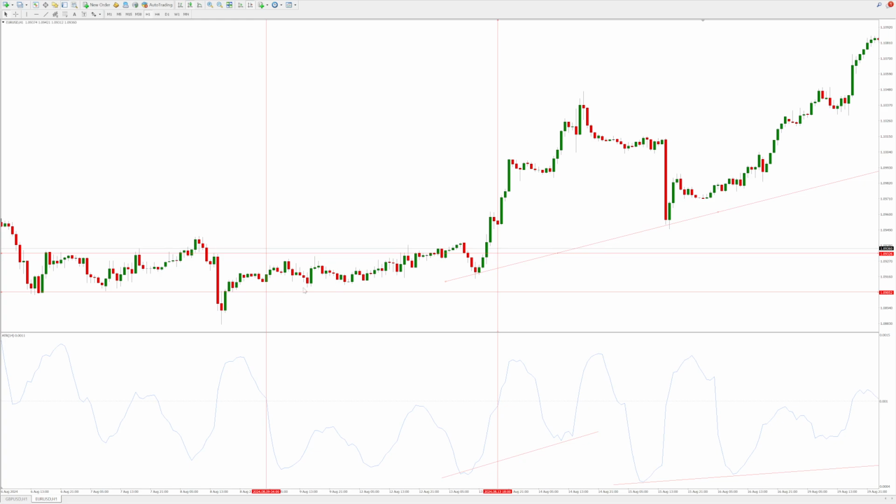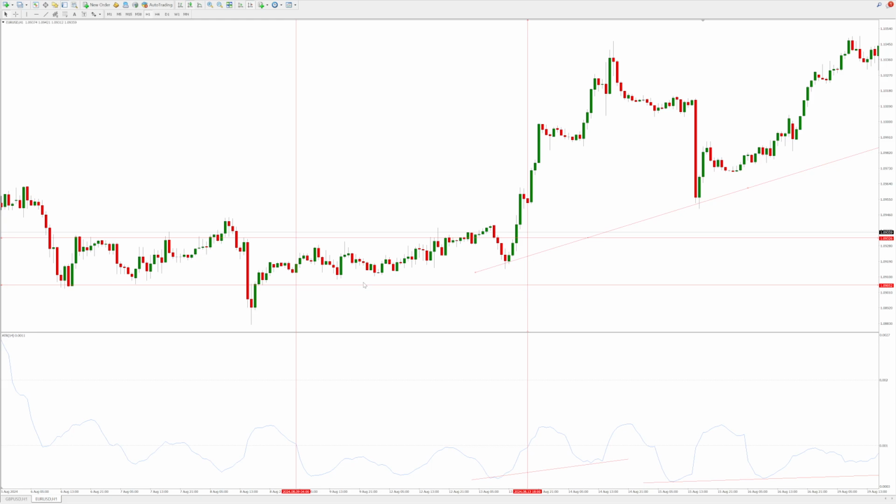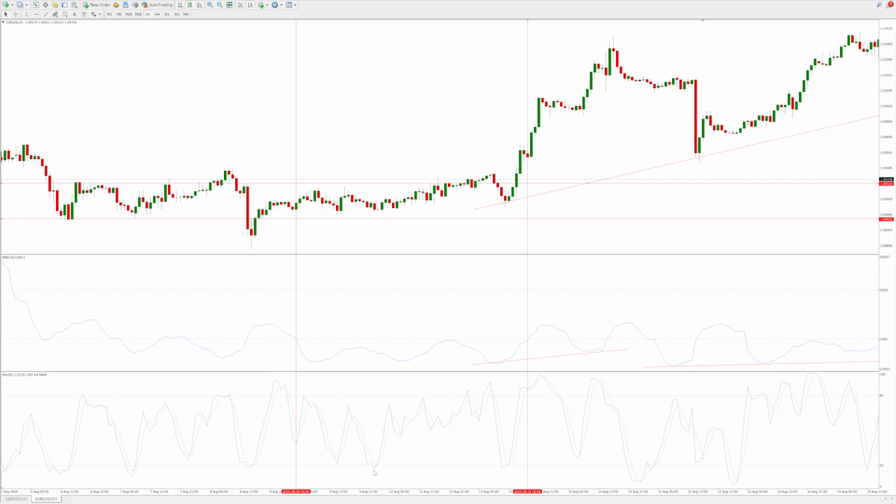If you're trading within the range, you can look for indicators to help you decide which trades to take. For example, a stochastic oscillator, the crossover there for buy trades and the crossover there for sell trades. So when the main line crosses the signal line up, it signals a potential buy trade.